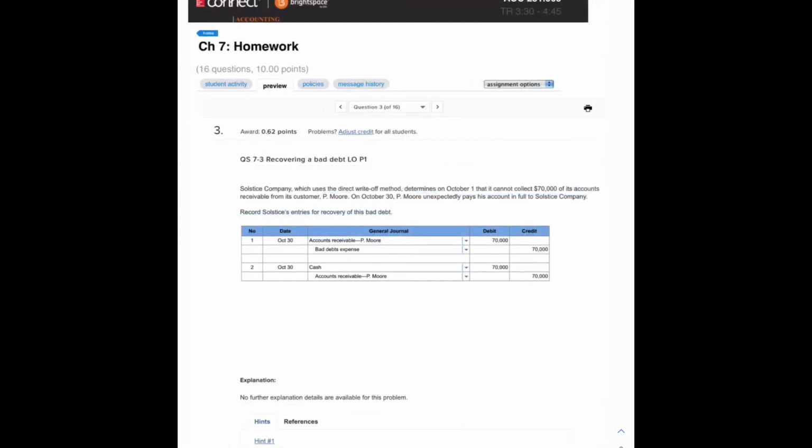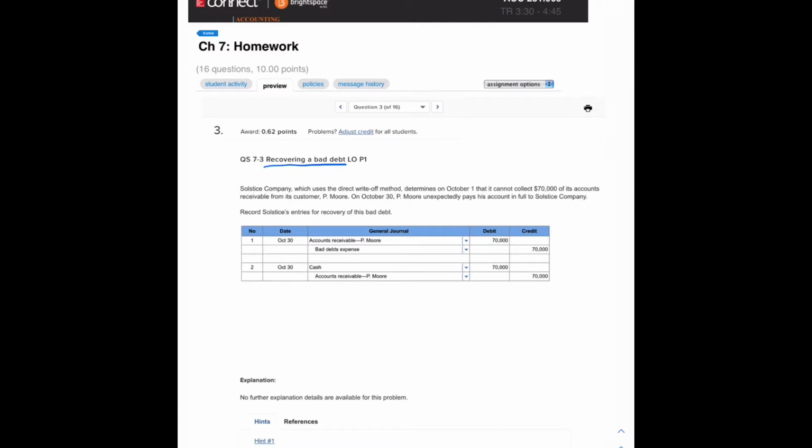So in question 3, we're going to look at a situation that asks, what happens when we need to recover a bad debt? The first question you should ask is, what does it even mean to recover a bad debt? At some point we figured out a customer was not going to pay us, and when that happened, we wrote that account off.